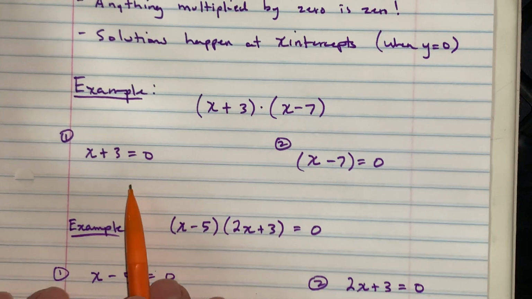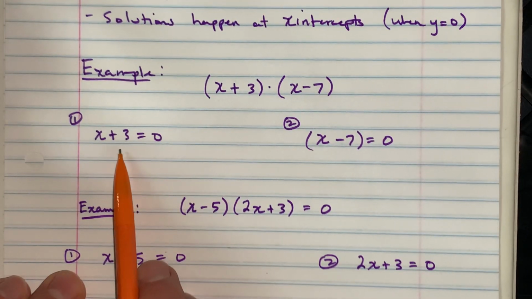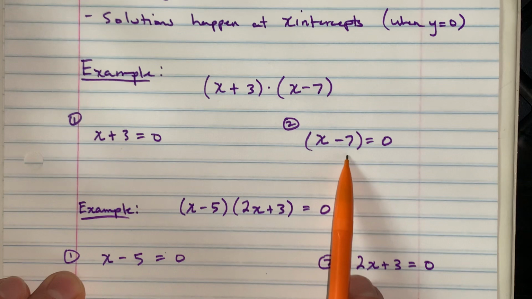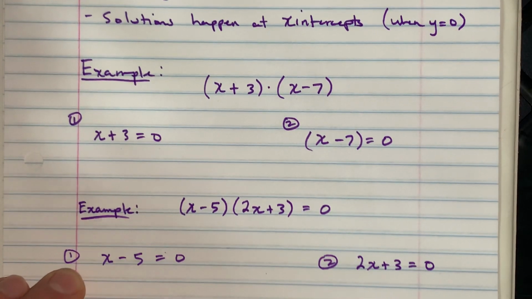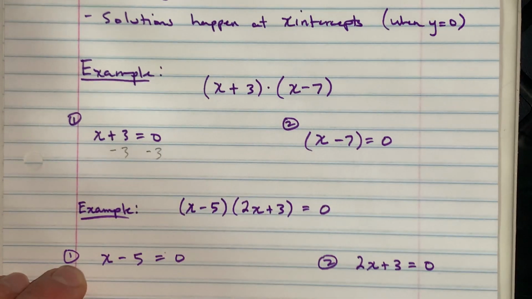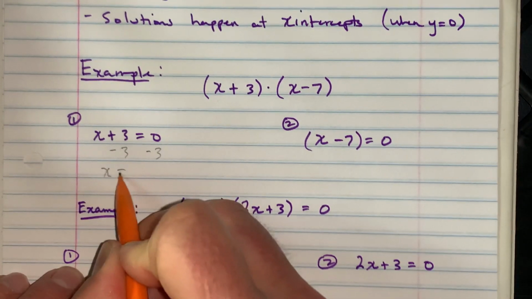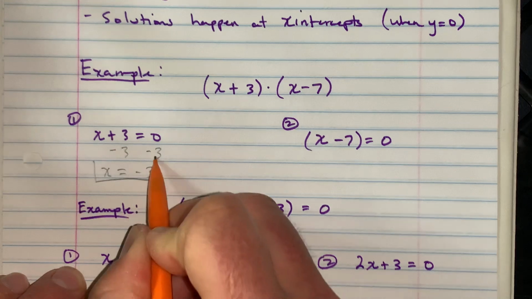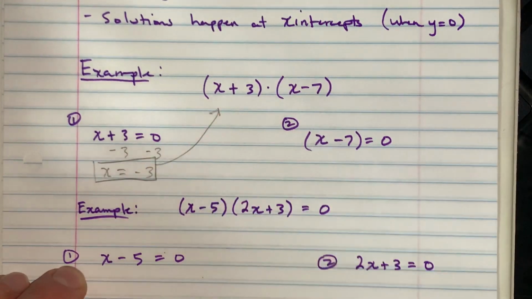We're going to show this using the zero product property. We're going to take our two factors and set them both equal to 0, and solve them just like we would solve any equation. So get rid of our constant, and then our x would be -3. That would be one solution, and that matches what we thought it should be.